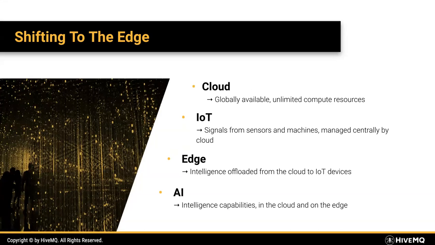So like I said before, very often we have a requirement that the devices need to operate in offline mode, but they also have to be able to react to local changes. In opposition to that, we have the cloud-based approach, where the idea is that cloud workloads are globally available and have unlimited computing resources. For IoT, this is sometimes not sufficient.